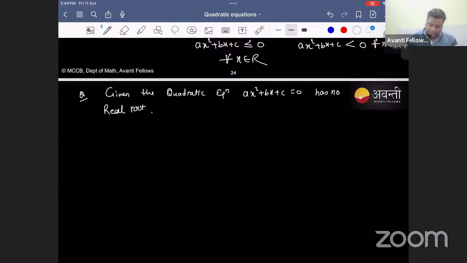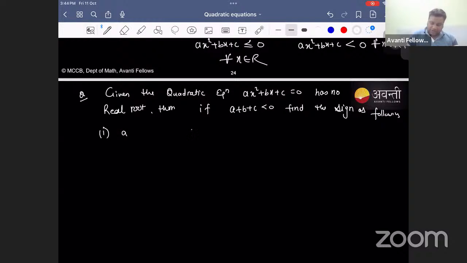Then, if a plus b plus c is less than 0, find the sign of the following.